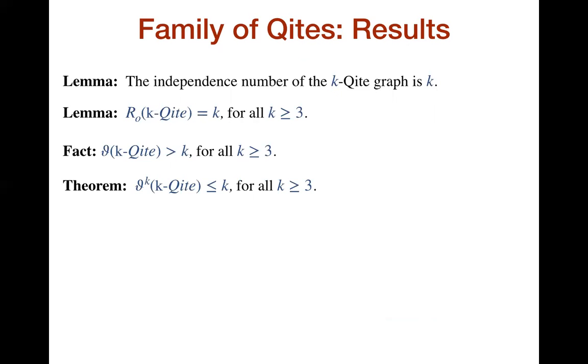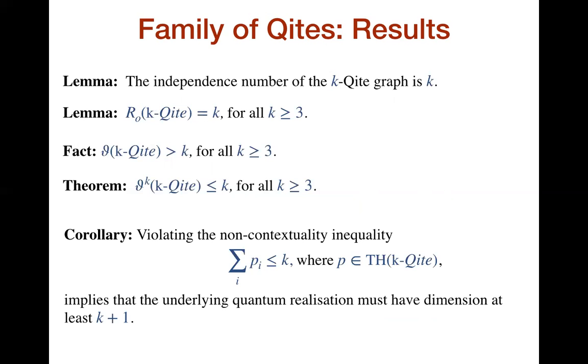And the main theorem is that when we look at the rank-restricted Lovász theta for this class of graphs, we showed that the k-restricted Lovász theta number is at most k. So this gives a separation, and we use that to arrive at our main result. We look at this non-contextuality inequality: you take P to be in the quantum set, and the summation of p_i is at most k. And suppose you violate this inequality, then it implies that the underlying quantum realization must have dimension at least k plus 1.